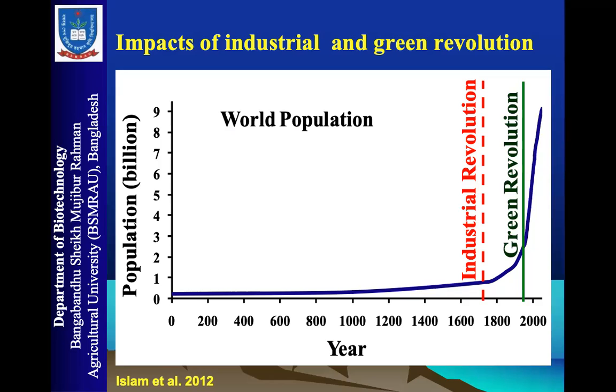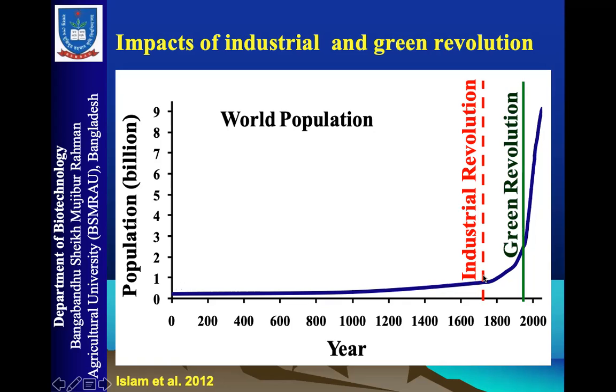This is a simple graph. Very easily you can understand the impacts of the industrial and green revolution on the human population on this earth. You see, from the birth of Christ, I took the data from Wikipedia, the human population was almost static, less than 1 billion until the 17th century.